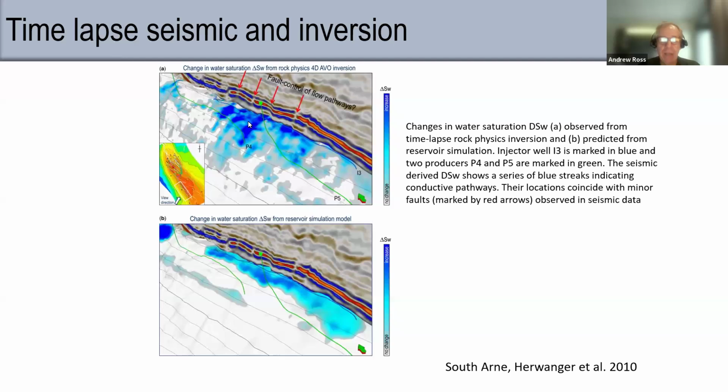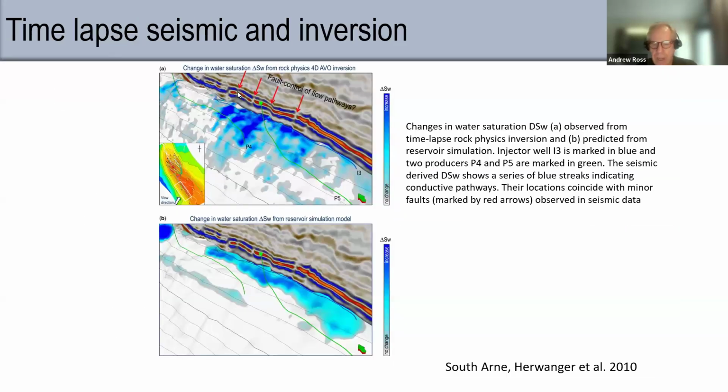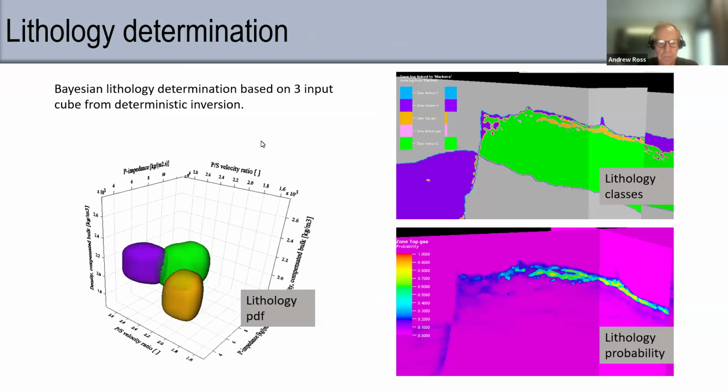I can't ignore this because it's going to make a difference to how the fluids move in the storage facility. So it's going to be very important in the future. And also, I'm going to have to monitor my storage facility, so time-lapse seismic is one of the options.